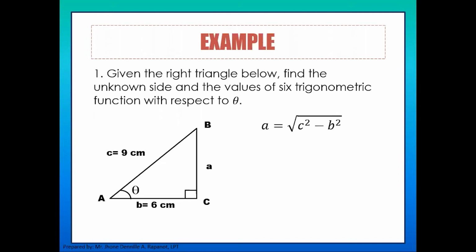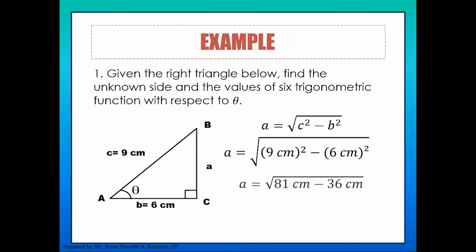So, we have to substitute the values for C and B. We have this solution. A is equal to square root of 9 centimeters squared minus 6 centimeters squared. So doing the operation here, we have this. A is equal to square root of 81 centimeters minus 36 centimeters.